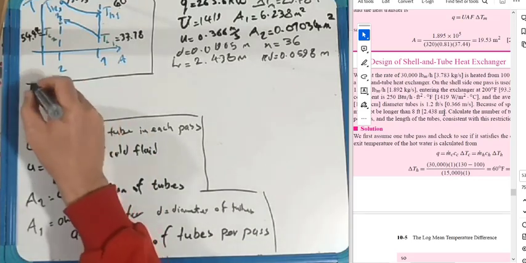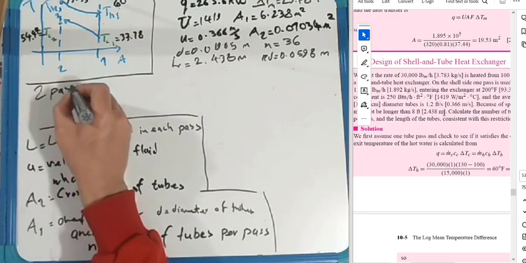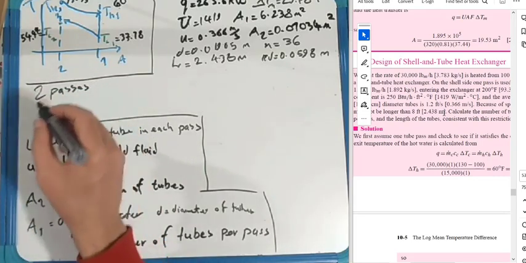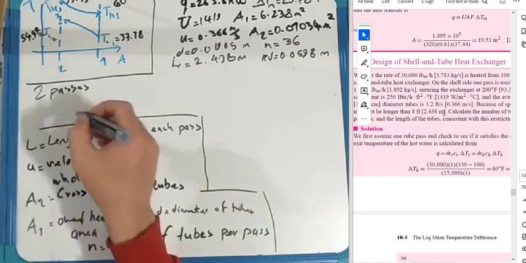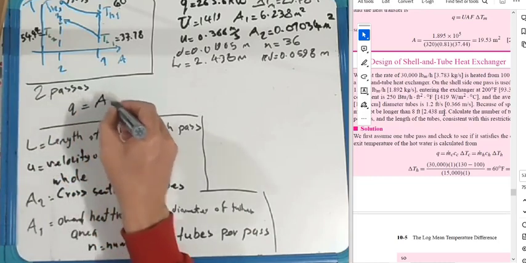Now we want to imagine two passes. We should set a formula for that one.